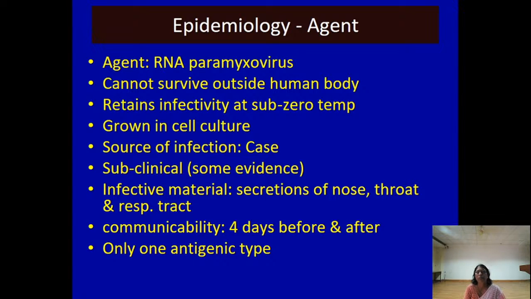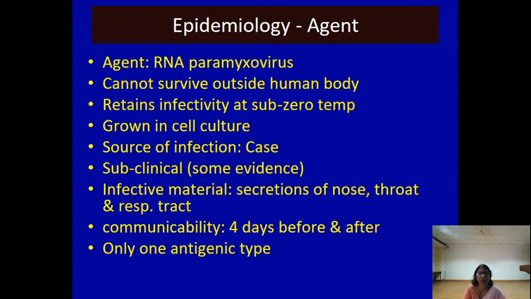The infective material is usually, when you look at the clinical picture of measles, they have running nose, cough, sneezing, etc. So the secretions of the nose and throat and the respiratory tract are the infective material. They are the ones through which the infection spreads.